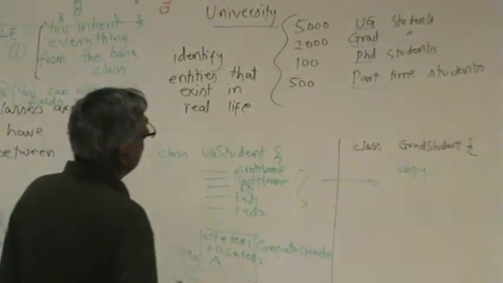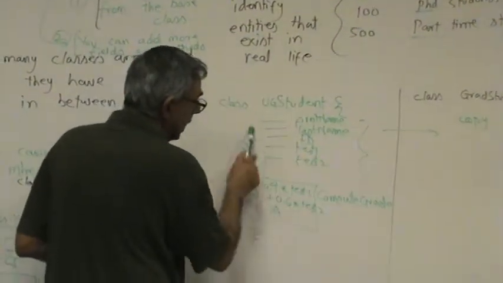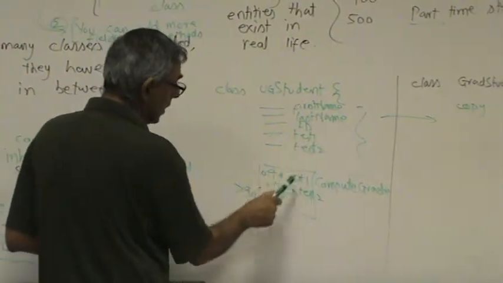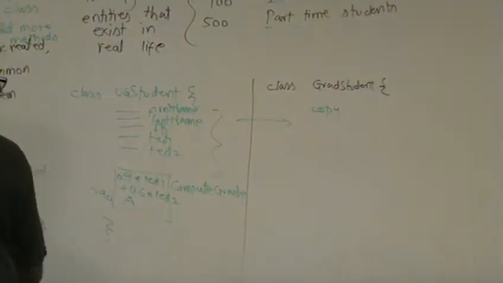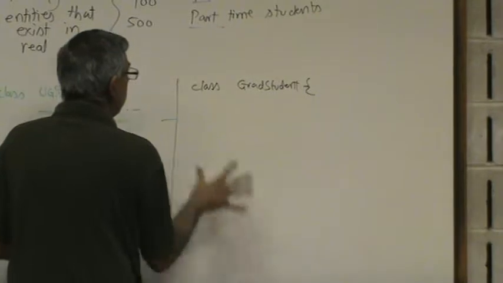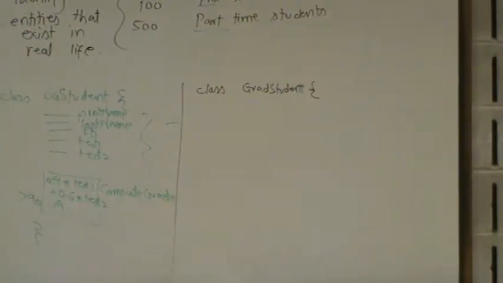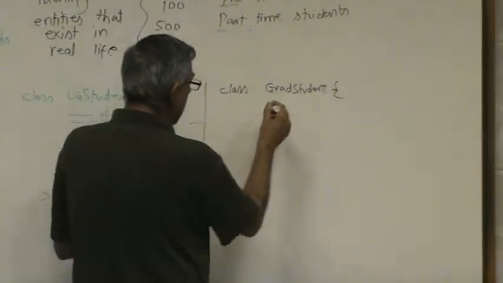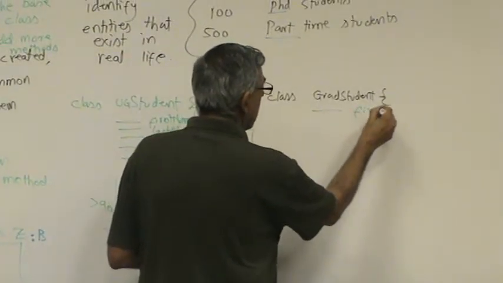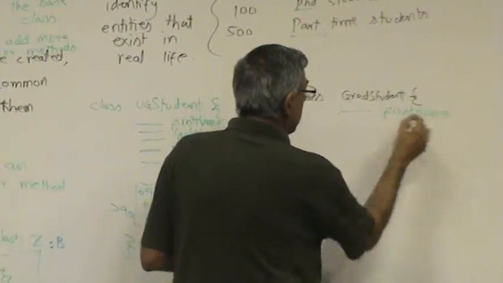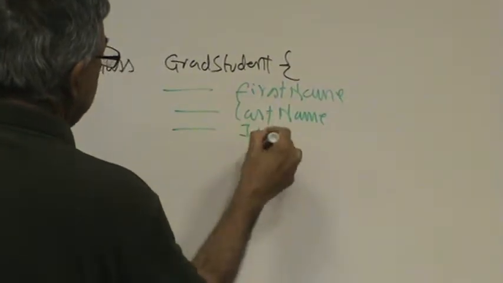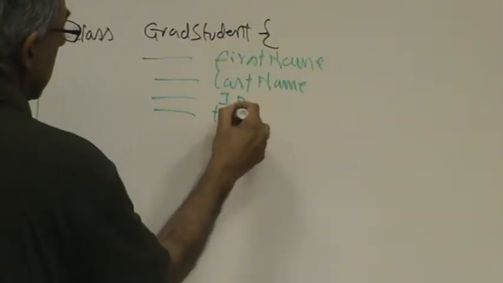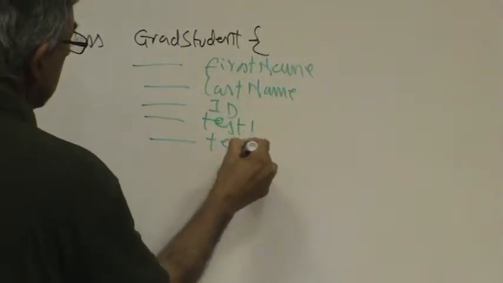Okay, so to show you that, let's go to the university example. So once again, suppose you wrote 5 fields, one method over here. Now you go to the grad student, and without worrying about inheritance, you start writing. You say, oh yeah, we do need first name, we do need last name, we do need ID for a grad student, we do need test 1, we do need test 2.